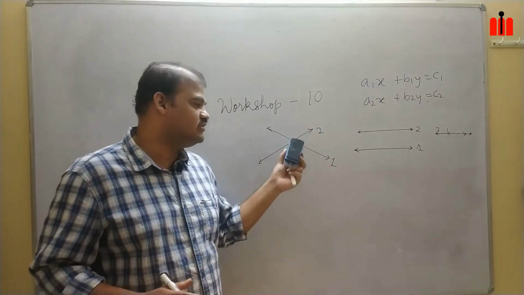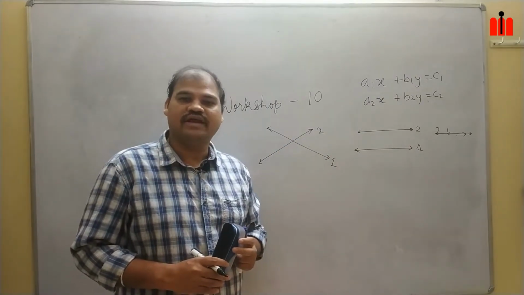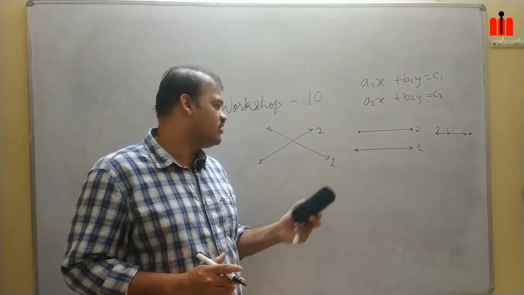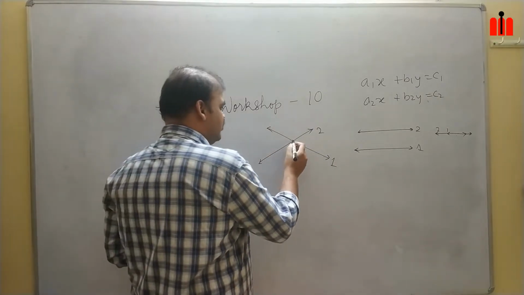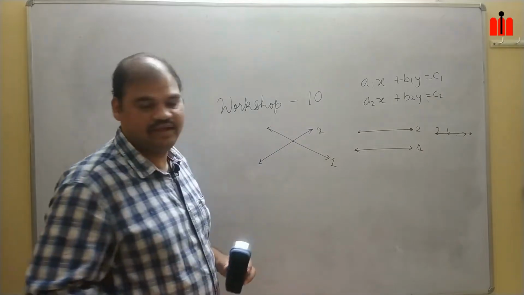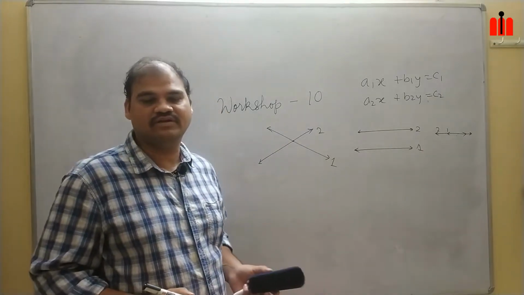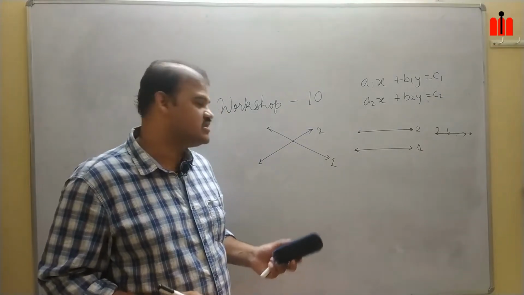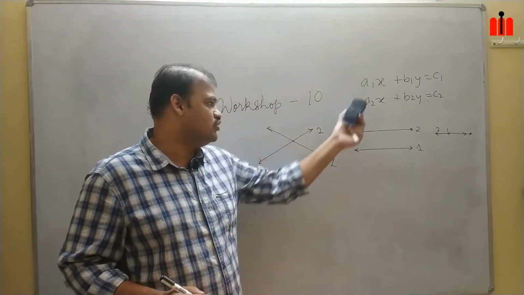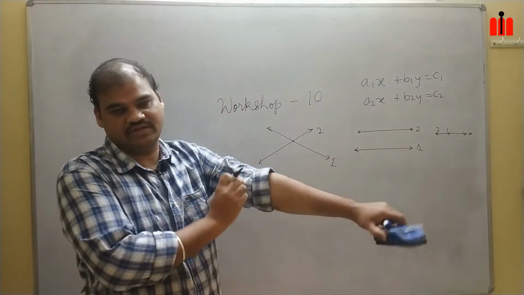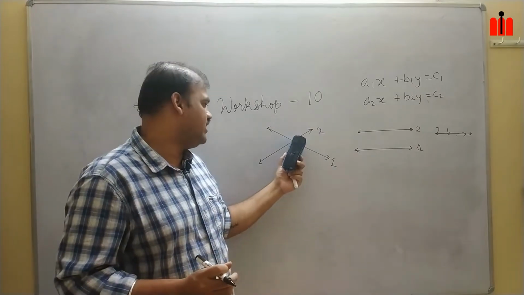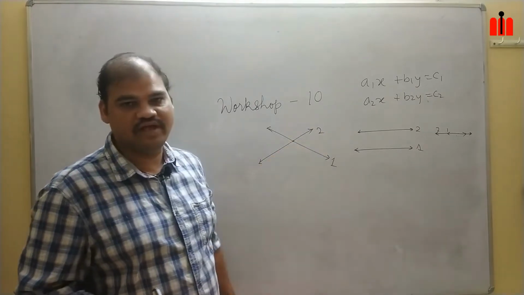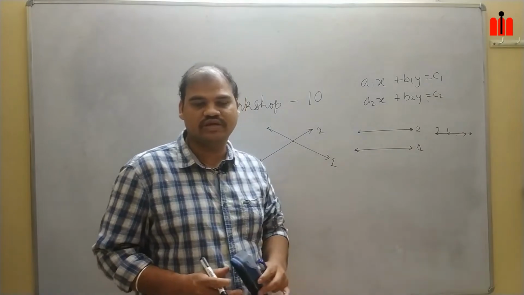If they are intersecting, you would have learned in your junior classes that the intersection point, with coordinates x comma y, will be the solution of these two equations.